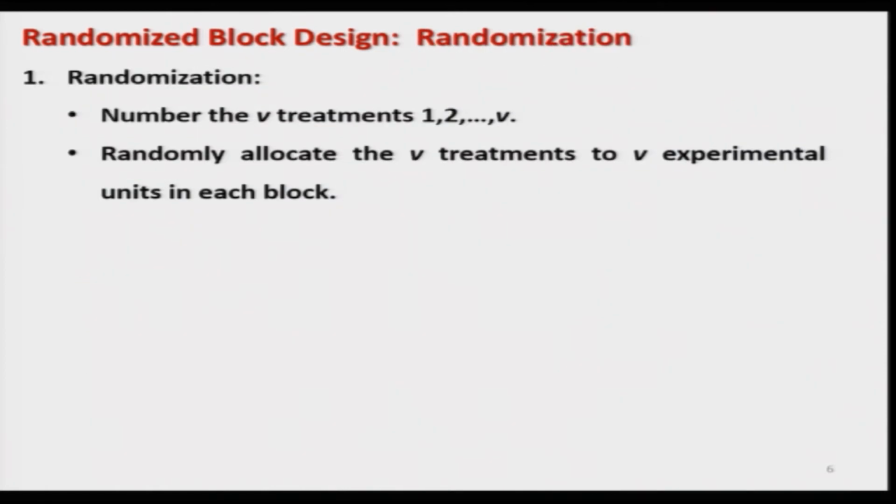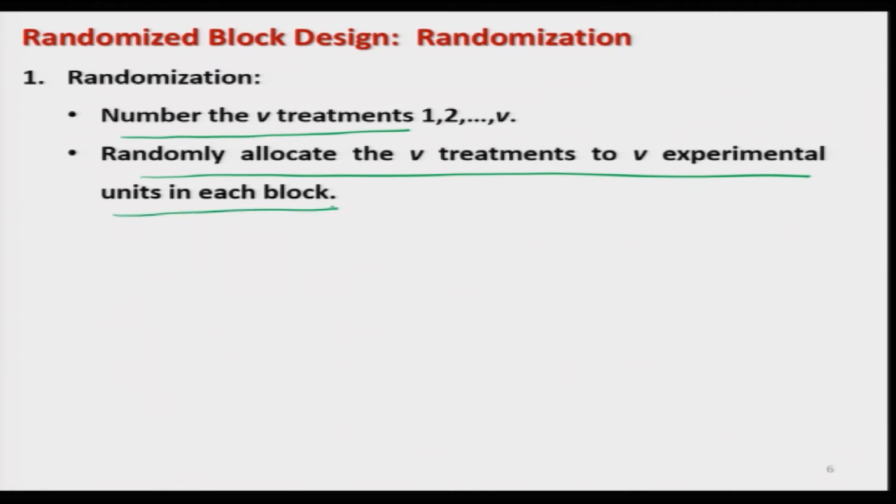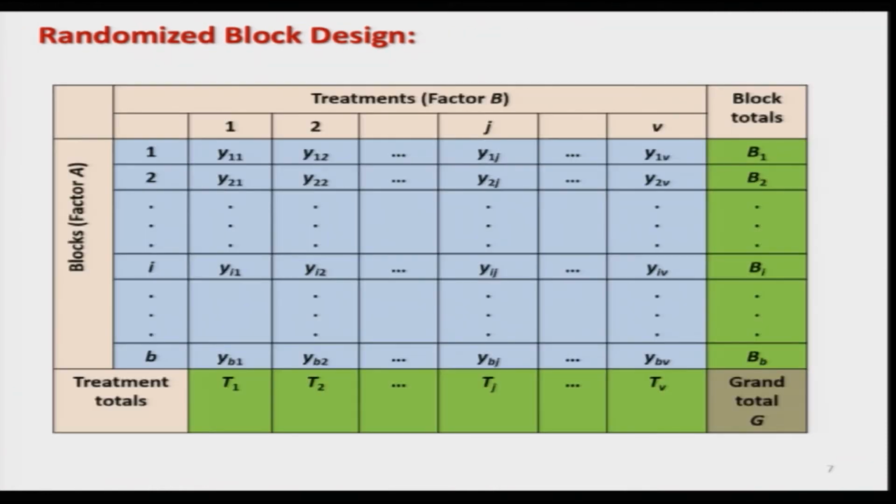So now this is the way you do the randomization in the randomized block design. So what are you doing? You number the V treatments as 1, 2, 3, 4 up to V. Simply give a number and then randomly allocate the V treatments to V experimental units in each block, right. So what are we going to do here? Here I have just reproduced the same table so that I can explain once again.